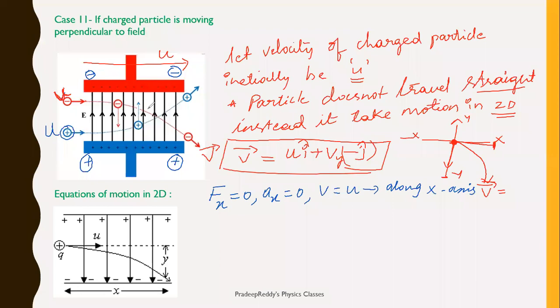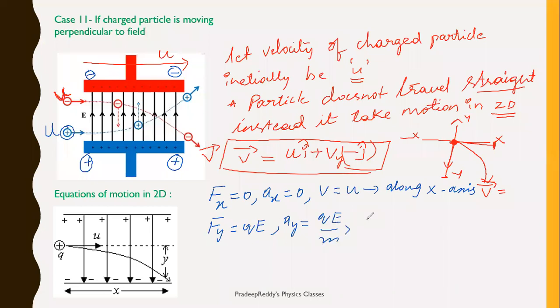Now coming to the y direction, this positive charge will experience a force upward because it is in the same direction as the electric field. So the force along the y direction is equal to qE. Therefore, the acceleration along the y direction can be written as qE divided by m.